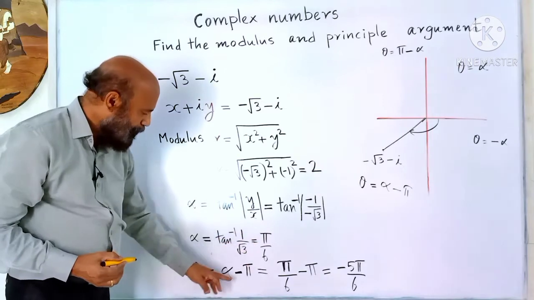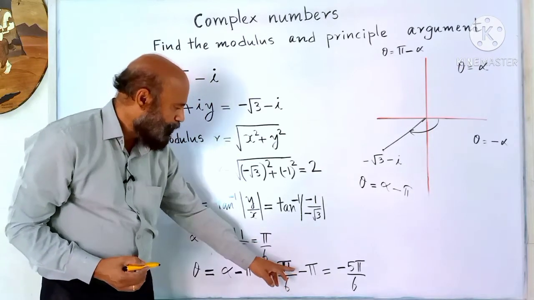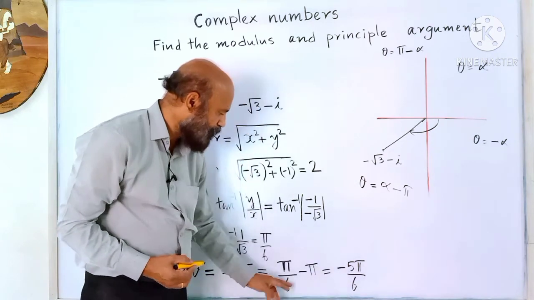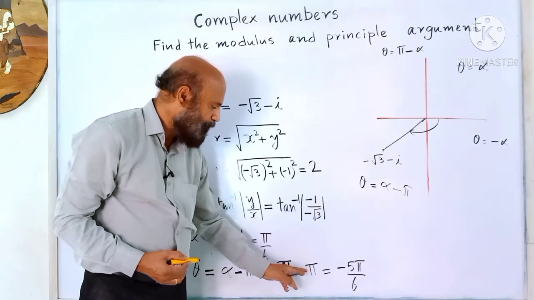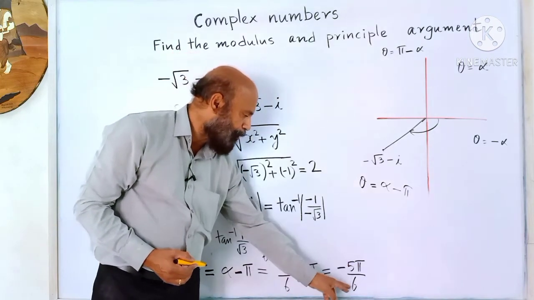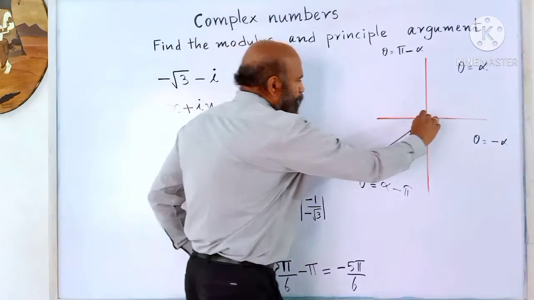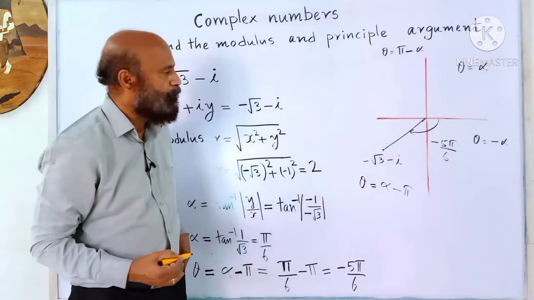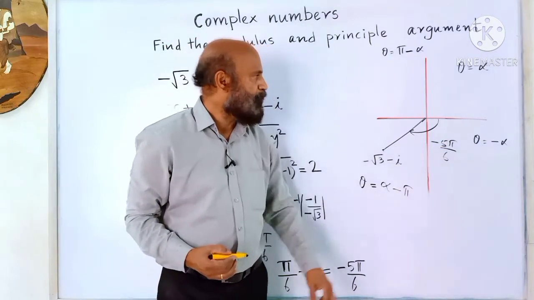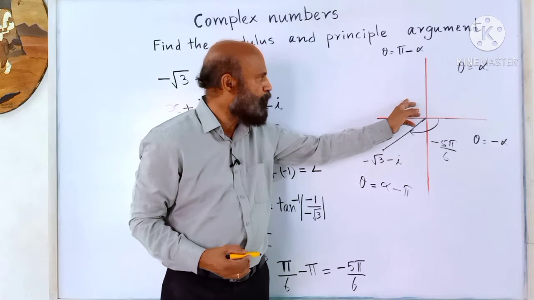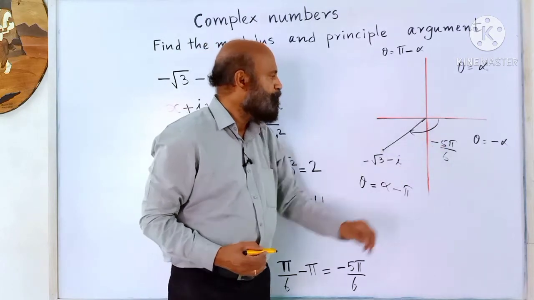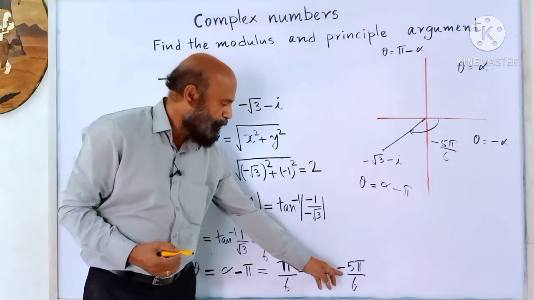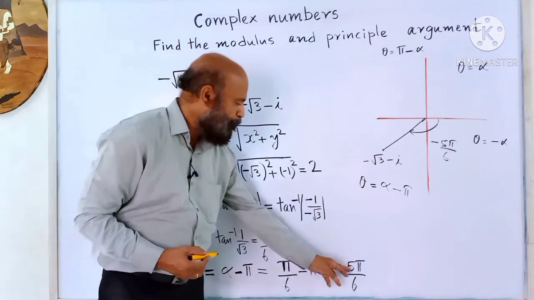So alpha is pi by 6 minus pi, so it is minus 5 pi by 6. So the principal argument is minus 5 pi by 6. In the previous example it was plus 5 pi by 6. So the modulus is 2 and the principal argument is minus 5 pi by 6.